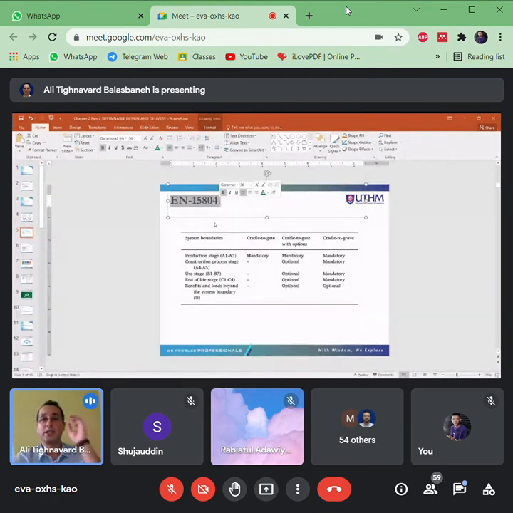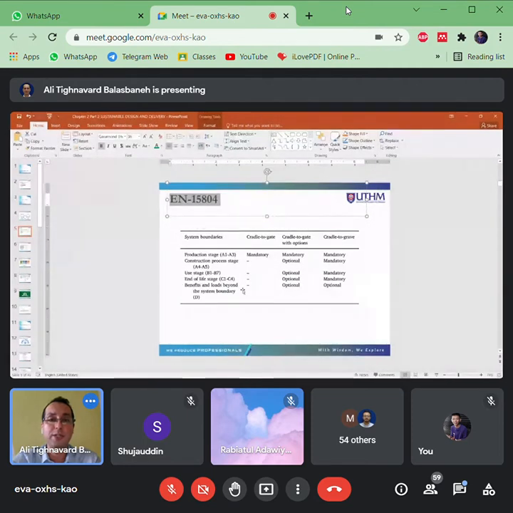This standard is very famous in Europe. We have another one worldwide, but it's not limited to Europe. If you do the research in Malaysia, in Japan, in any country, you can still use this framework, this system boundary. So let's see what they have in detail.